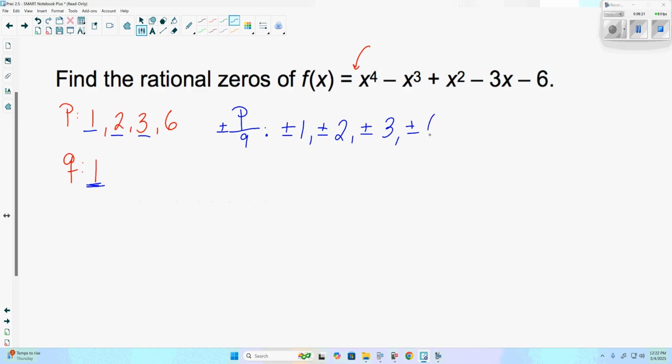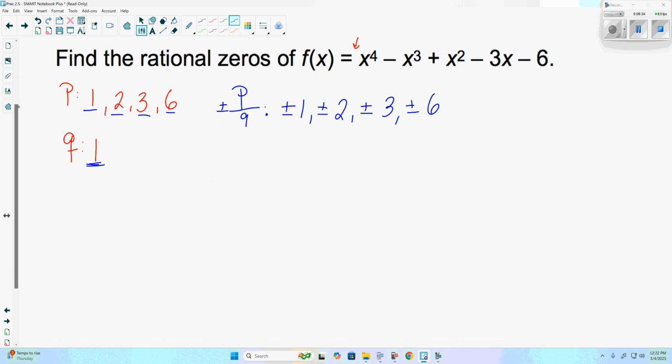And lastly, 6 divided by 1 is 6. So all the possible rational zeros that this function can have are plus or minus 1, plus or minus 2, plus or minus 3, or plus or minus 6. So if it does have a rational solution, it has to be one of these 8 here.